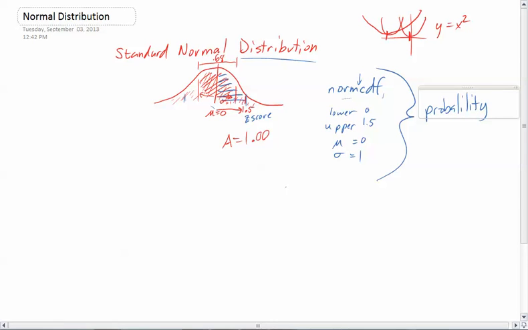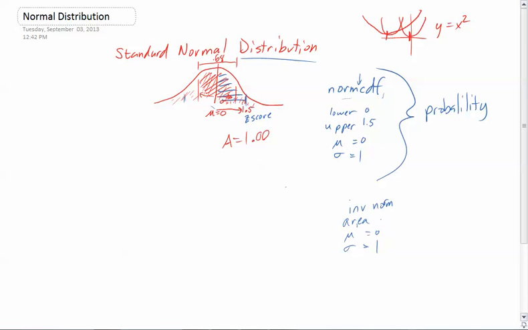That's what's coming out. Now, the only reason you would ever use the other function we learned about on the calculator, the inverse norm, well, that's just the opposite of this one, right? The inverse norm asks for the area, it asks for the mean, and it asks for the standard deviation. If I'm dealing with the standard normal distribution with an average of 0 and a standard deviation of 1, then all I need is the probability, right?